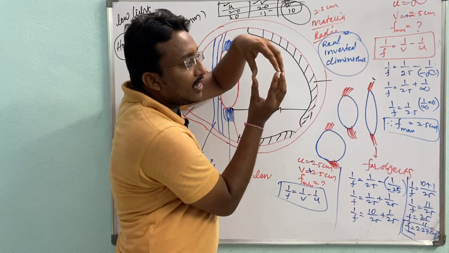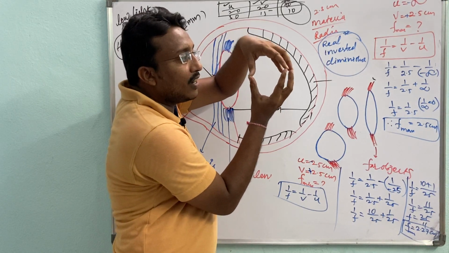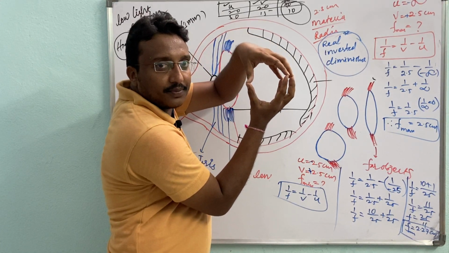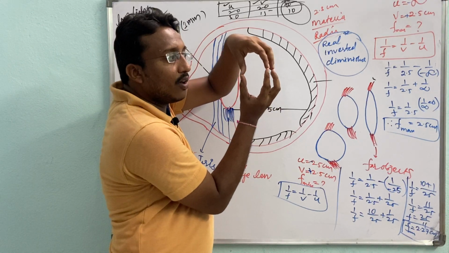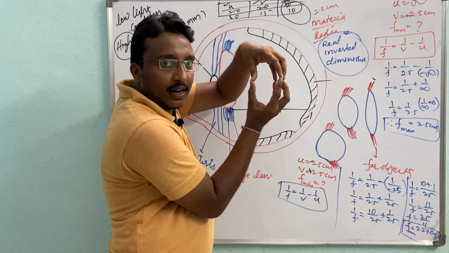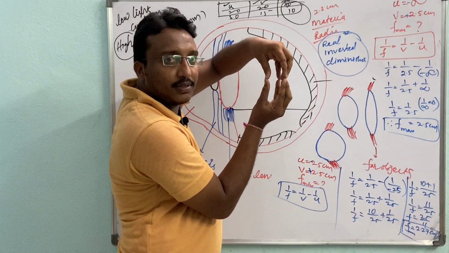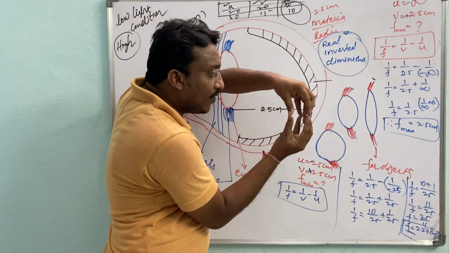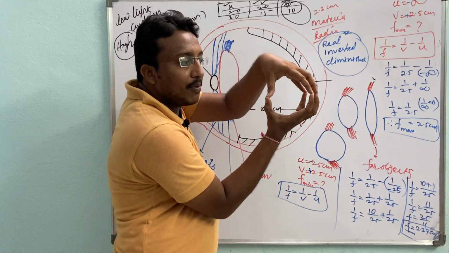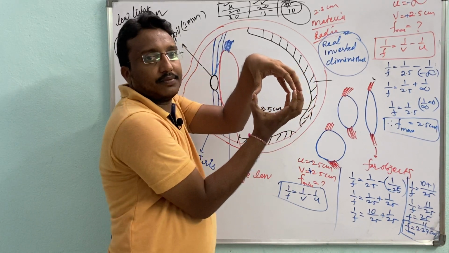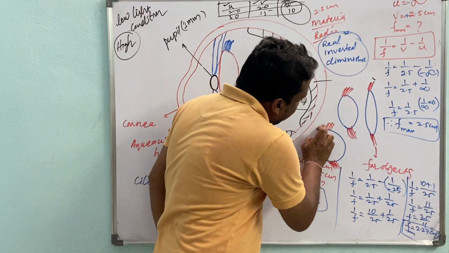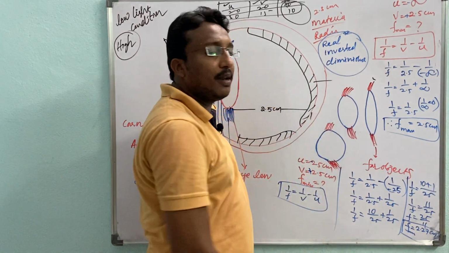This is the normal position. When it is pushed, the size becomes like this. This is the normal condition. When we focus on far objects, it becomes thinner, and when we focus on a closer object, it becomes like this. This work is done by the ciliary muscle.